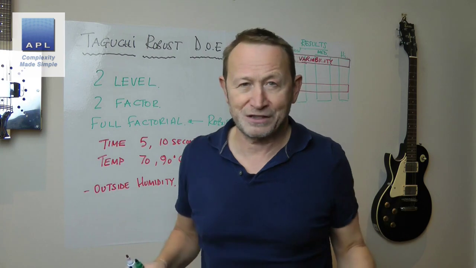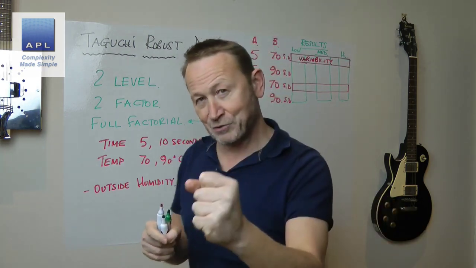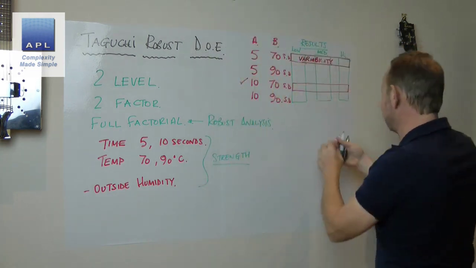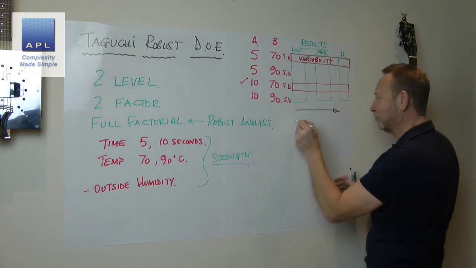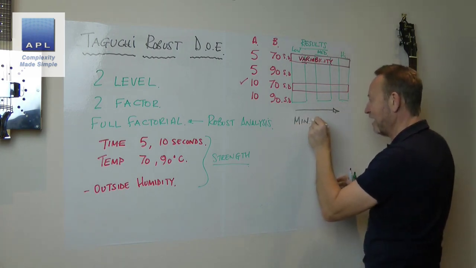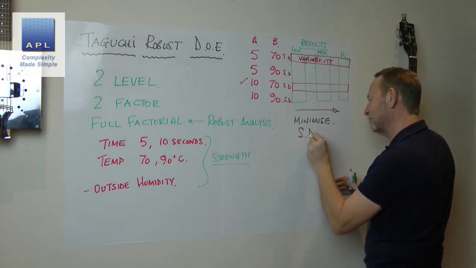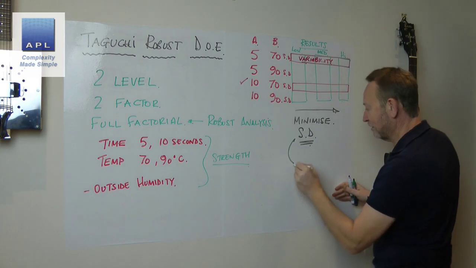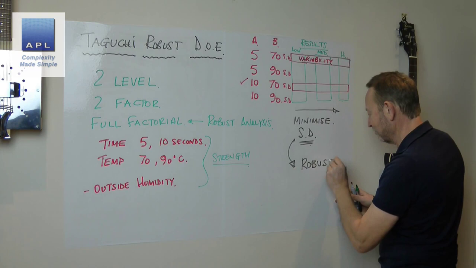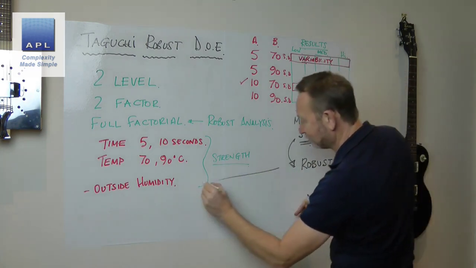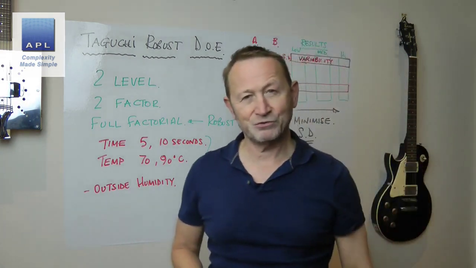I can't put humidity in a DOE. I can't control it. But I can allow it to appear in the data table. Then I analyse to minimise standard deviation, and if I can do that, those settings are robust to humidity. And that's the way Taguchi did it.